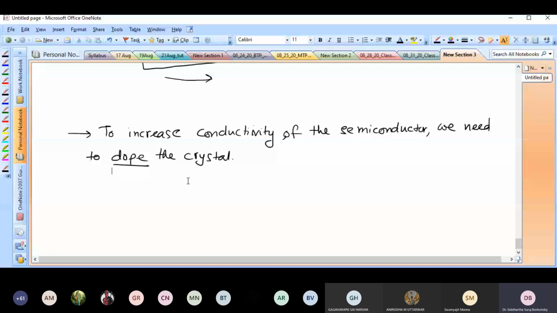When you add certain impurities, that will increase the concentration of either free electrons or holes, and that will lead to greater conductivity of the material. Because when you have more holes, you can get more positive charge flowing in a direction, or if you have more free electrons, they will take you in the opposite direction.